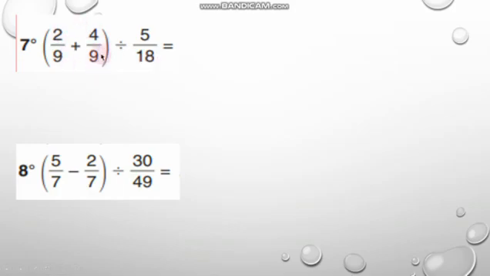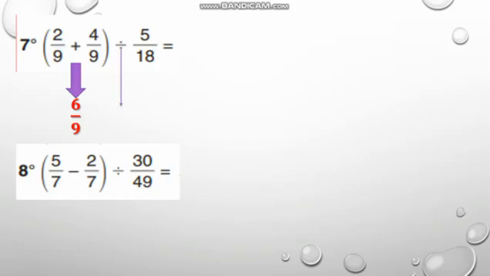So I'm going to start with the parenthesis. 2 plus 4. Remember, when I have addition, I add the numerators and I should have the same denominator. So here I have 9. So the denominator stays 9 and I'm going to add the numerators only. So the answer will be 6 over 9.